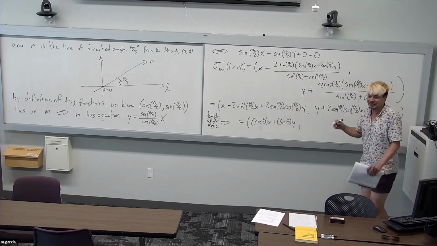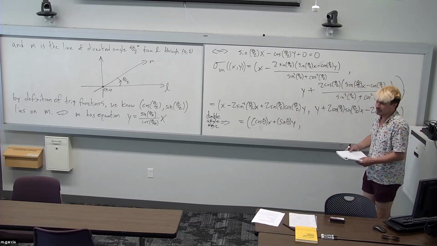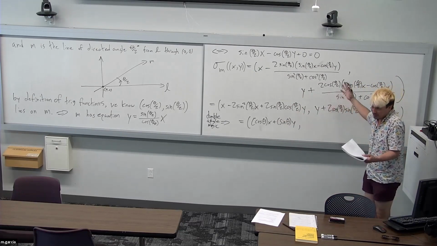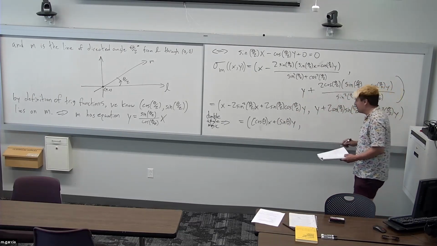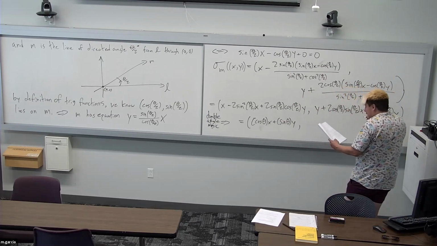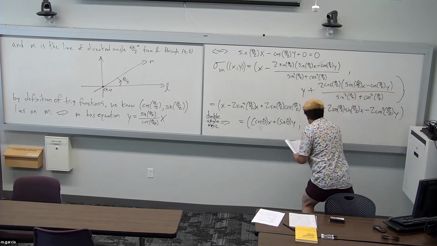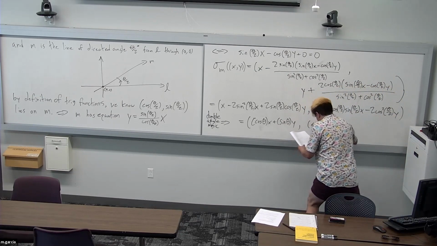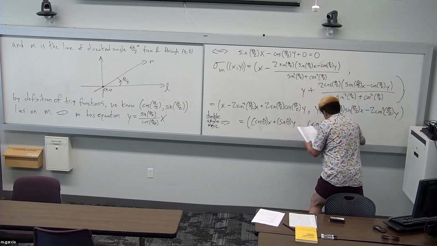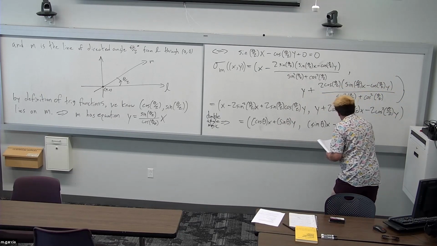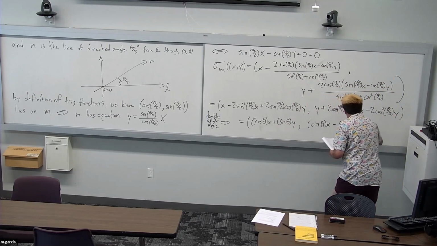I just felt that wouldn't be that useful to us because we're not going to use it after we derive this formula. And our second coordinate is sine theta x minus cosine theta y.